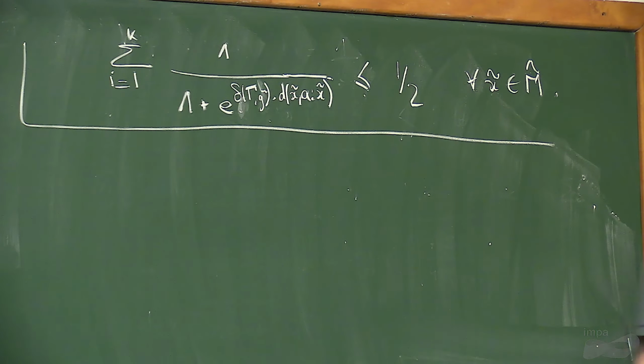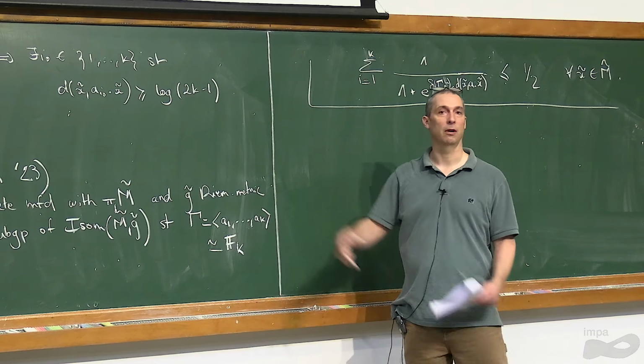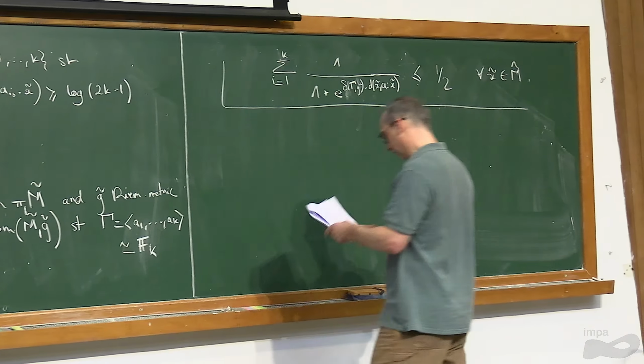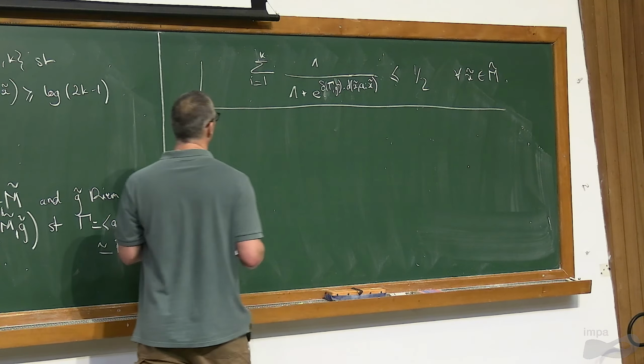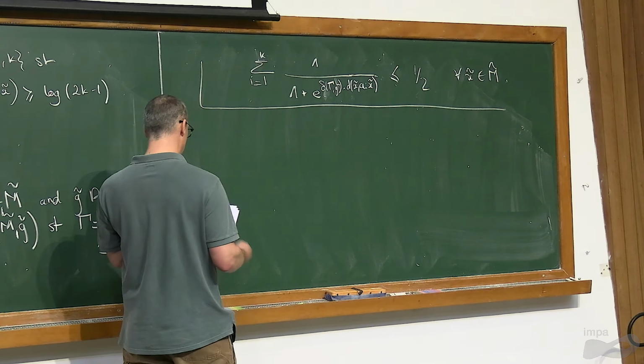Any dimension. Okay, so here is a new object, which will be like the volume entropy when the quotient of M tilde by the group is indeed a closed manifold. Okay, and this invariant is defined as follows. This is the critical exponent of the group.